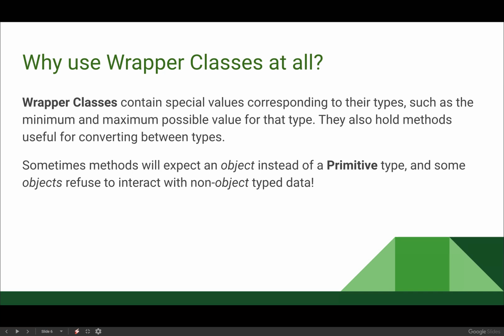And sometimes a method that is implemented will expect an object value instead of a primitive type. And like I said before, some object values are not going to interact with non-object data. So they will not interact with primitive values. They only interact with objects. And we'll get into some more examples of that in future lessons.